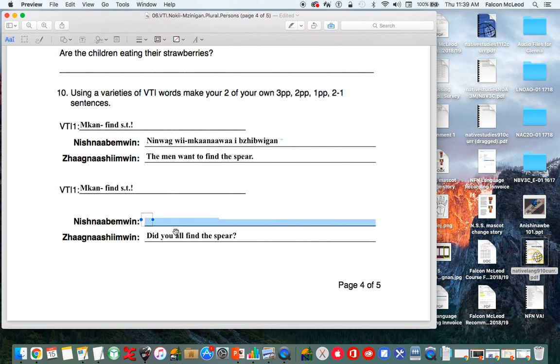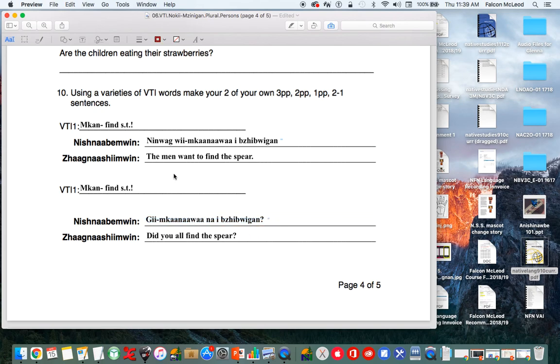So that sounds past tense to me. So I'm going to put our past tense marker here. Gi. Then our verb kun, and then again extend that A to double A, just like in our lesson. Mkanawa. Na, because it's a question, second position here. And then our word for the spear is bjibwigun. Boom. There you go.